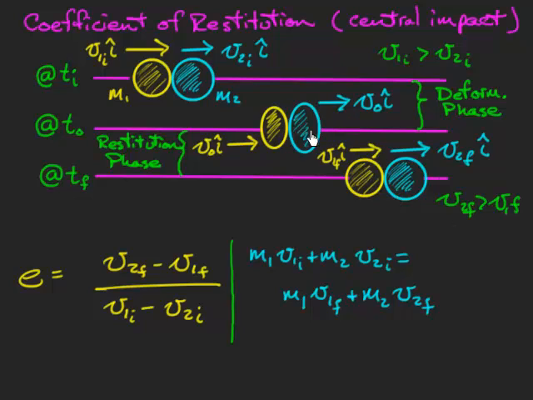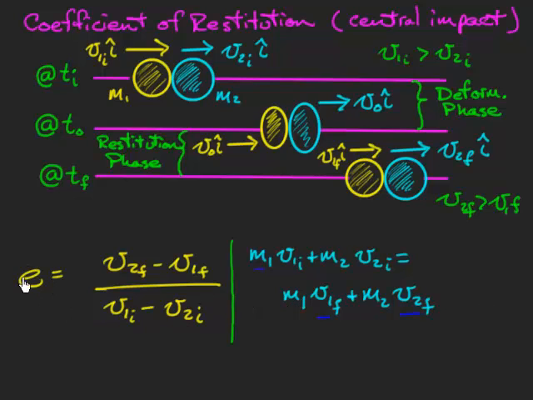And because these forces of impact are internal, I get the initial momentum equal to the final momentum, right? And remember, that gave us one equation for two unknowns, the velocities after impact, assuming that we know the masses and we know the initial velocities. We had two unknowns for just one equation.